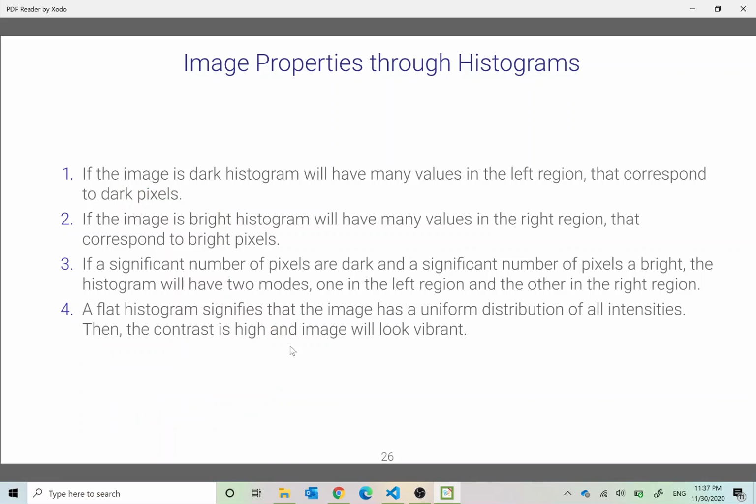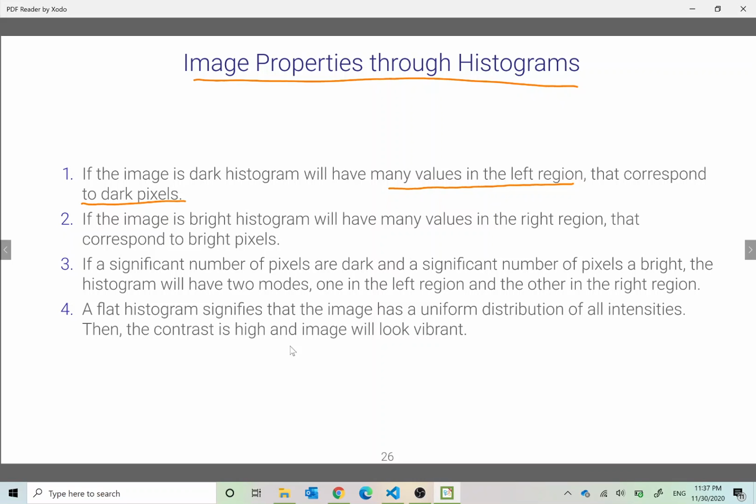Now we can think about image properties visible through the histogram. If the image has a dark histogram, many values in the left region will be there in the histogram, corresponding to the dark pixels.